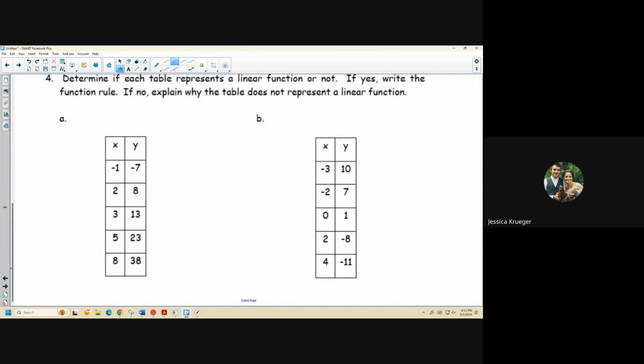Okay, let's look at 4. Determine if each table represents a linear function. A linear function means it has a constant rate of change. So when I look at my table, from -1 to 2 is an increase of 3.